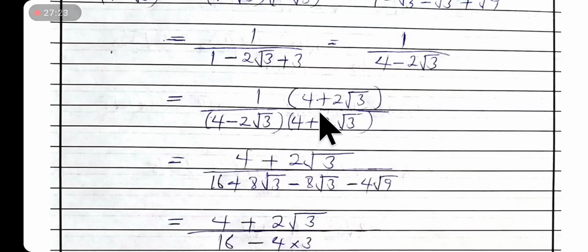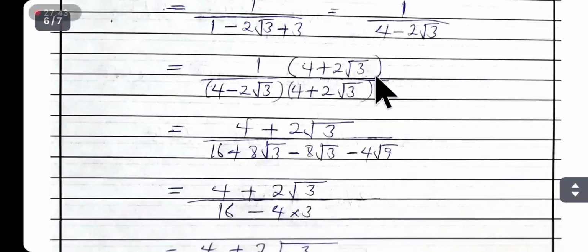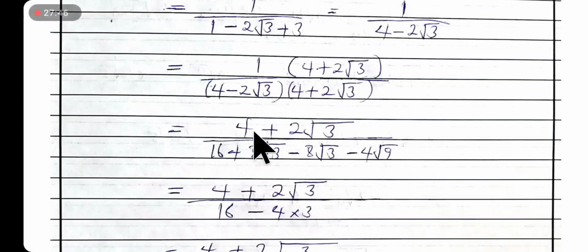We use the conjugate to multiply by 4 plus 2 root 3. The same thing here. The conjugate of this is 4 plus 2 root 3. So we are using the conjugate to rationalize. Rationalize means using this to multiply the numerator and the denominator. So all of these things times 1 is still the same thing as 4 plus 2 root 3.